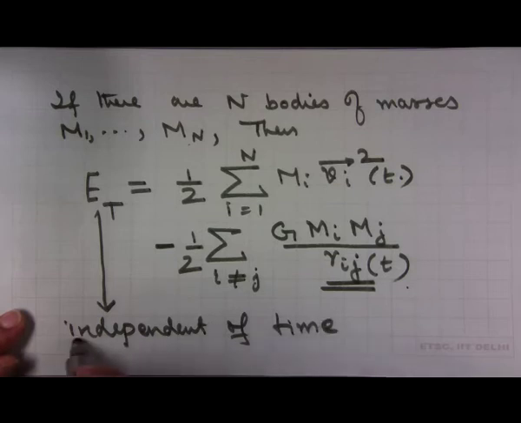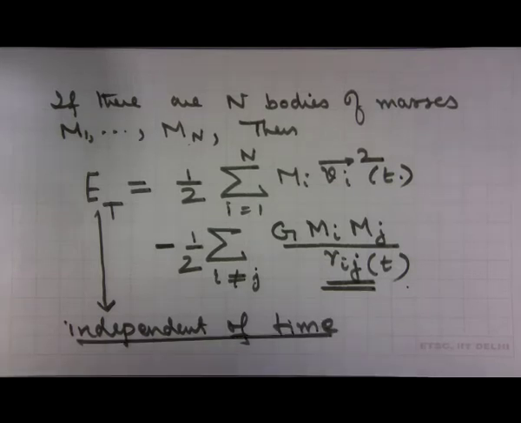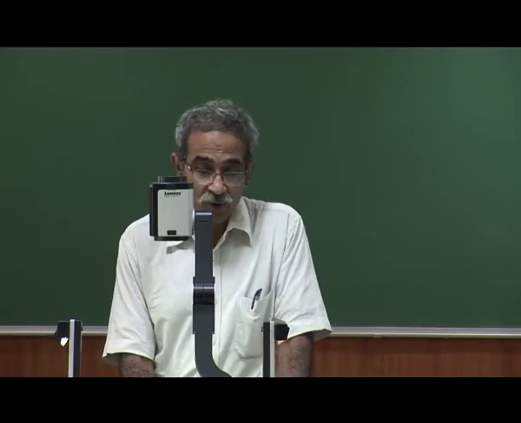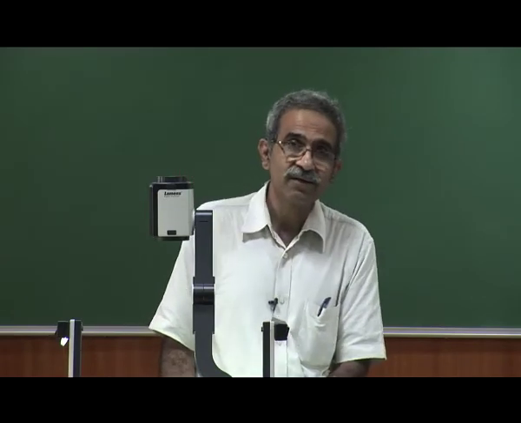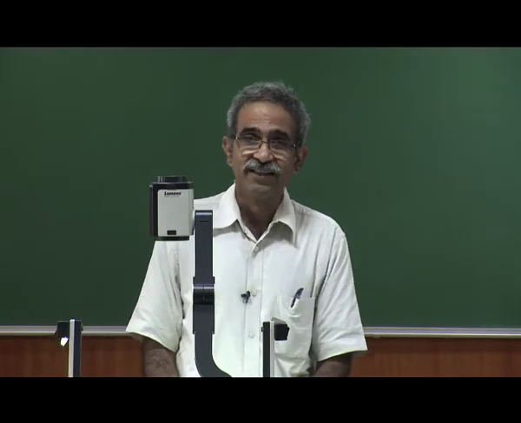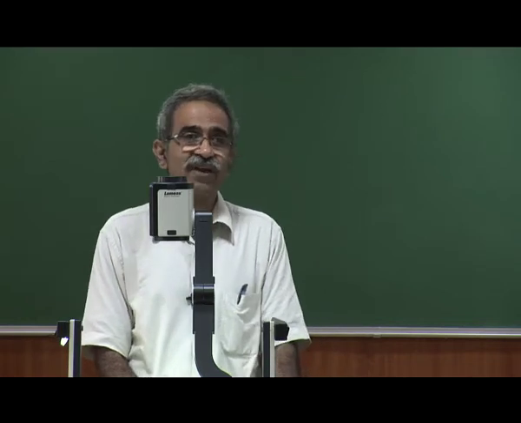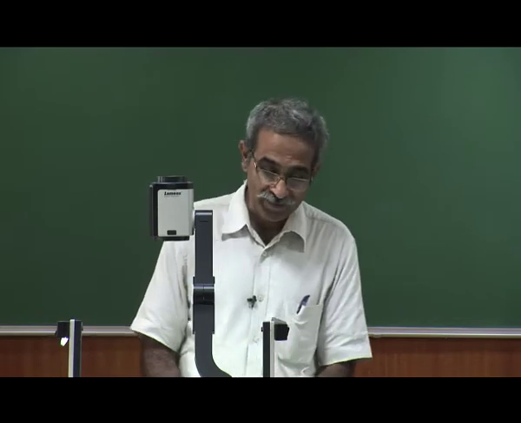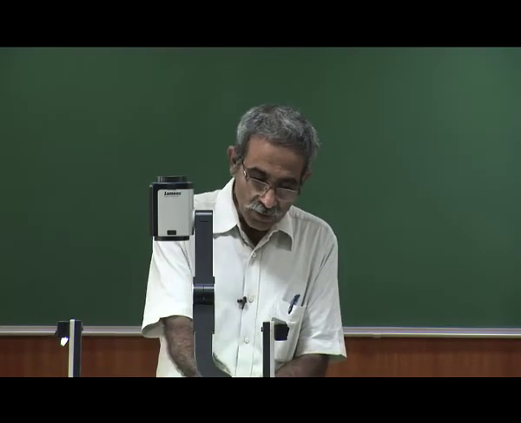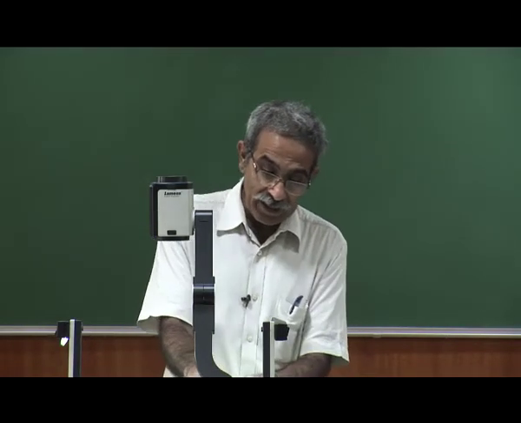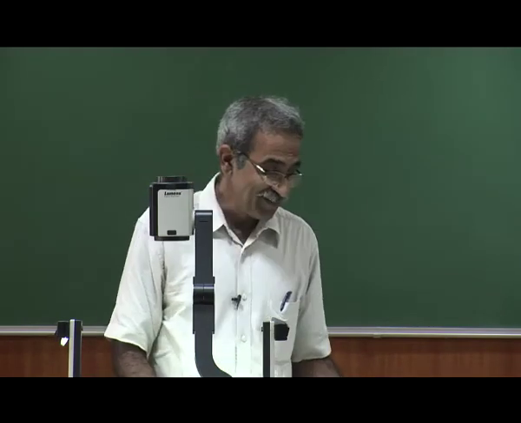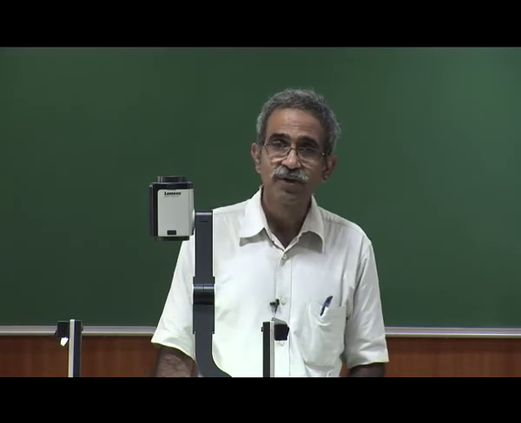This is independent of time, and this is the first quote unquote non-trivial statement of the conservation of energy in a dynamical system where we have a very, very large number of particles, and this is a very important principle. We are going to put it to many, many practical uses when we look at escape velocity, satellites, and so forth.